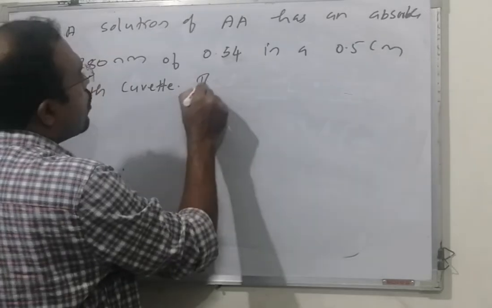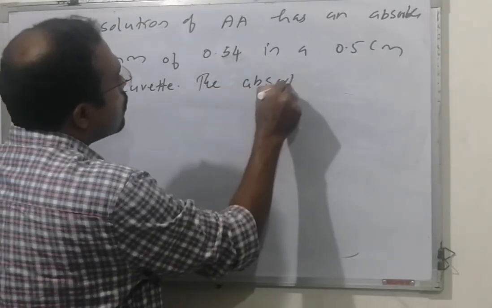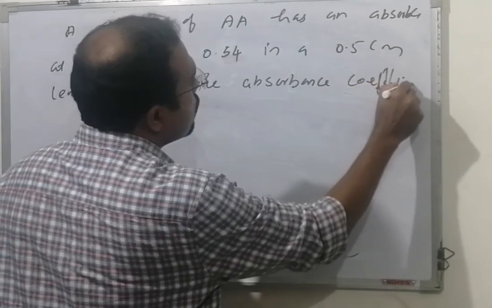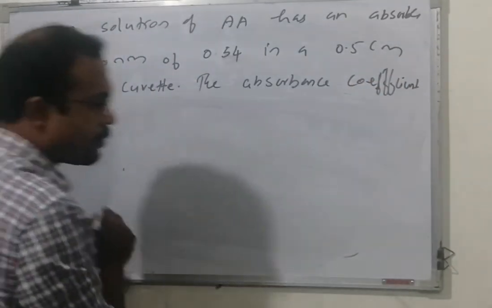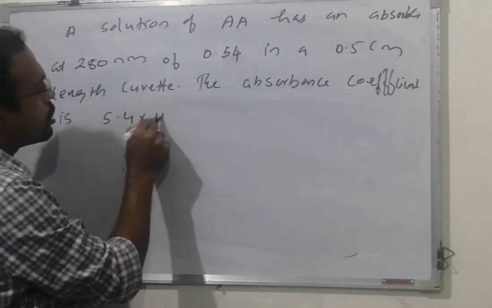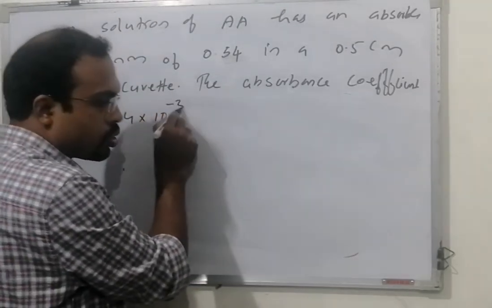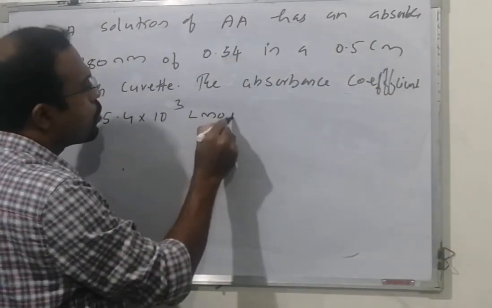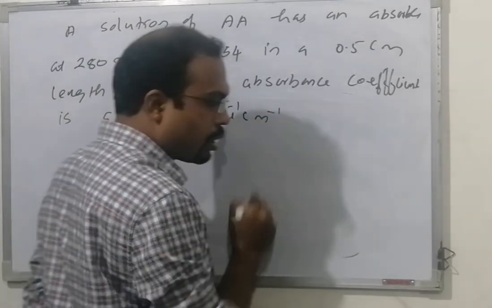The absorption coefficient is 5.4 into 10 raised to 3 liter mole raised to minus 1 centimeter raised to minus 1.